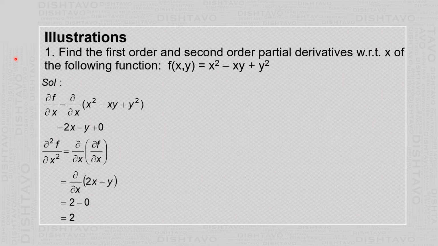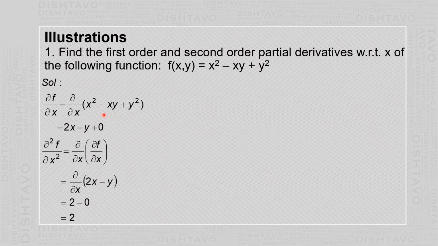Let's take an illustration to find the partial derivative of a given function, which is x square minus xy plus y square. First differentiate f partially with respect to x. Here we have to consider y as constant.